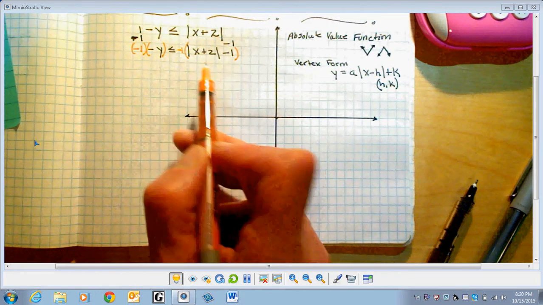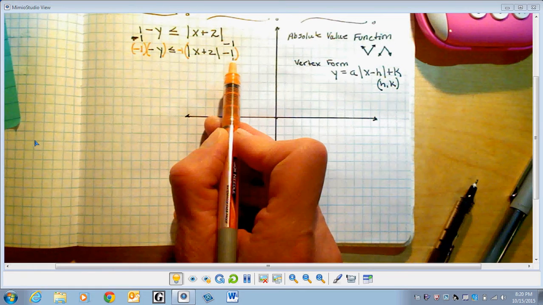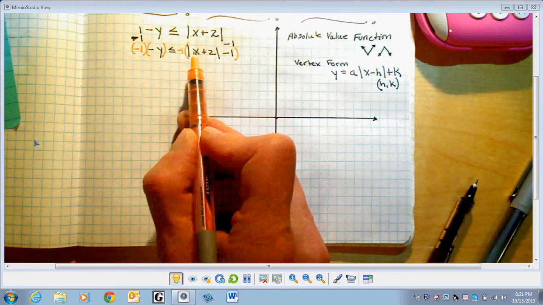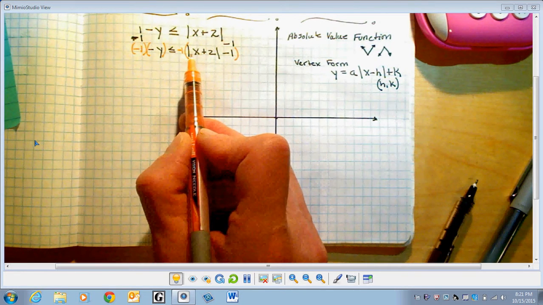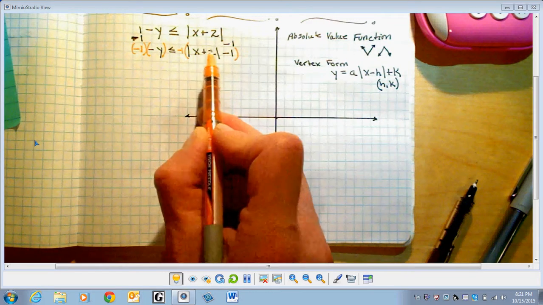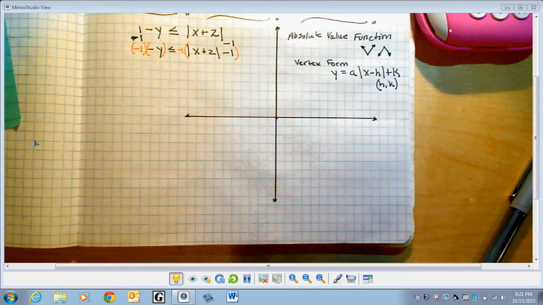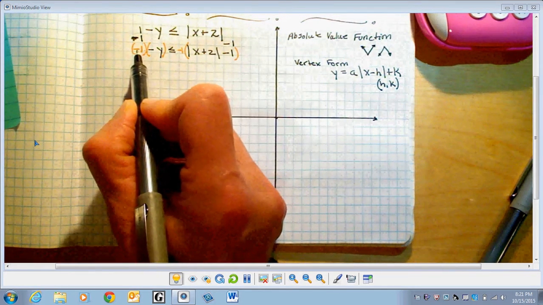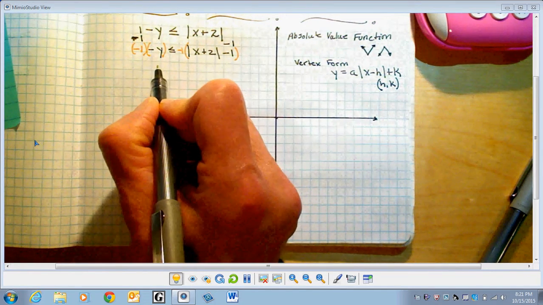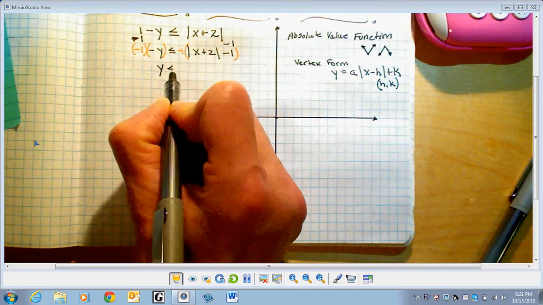Okay? So notice how I put parentheses around everything. The first thing I want to note here on our right side is we cannot multiply inside the absolute value. That absolute value is in jail, so we have to be careful about that. But I know a negative times a negative is a positive, so that gives me y is less than.